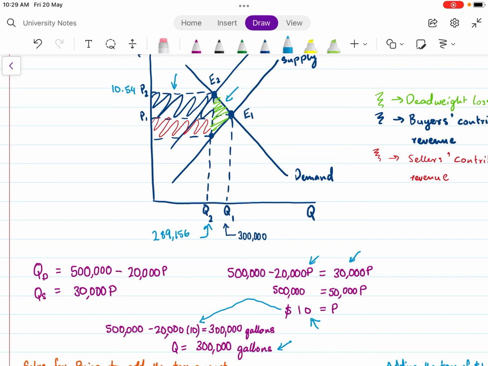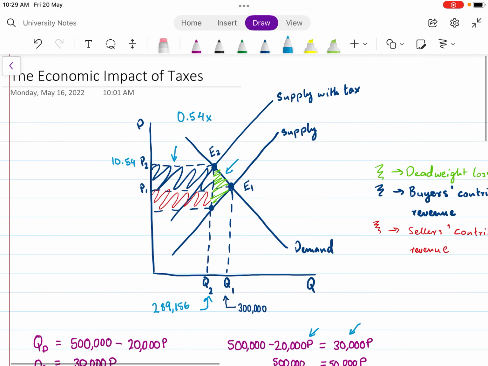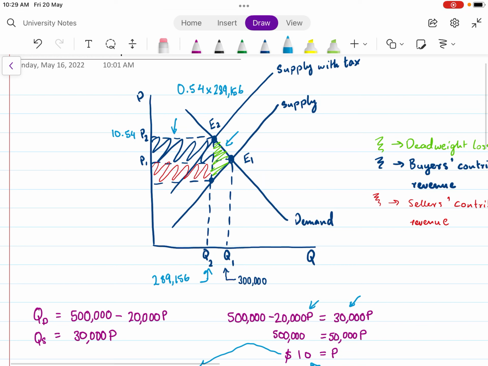This is the new equilibrium quantity. And here, the previous equilibrium price was 10, and the net price that the sellers receive is 9.54. So we can see that the incidence here of the tax is 0.54 for the buyers and 0.46 for the sellers.